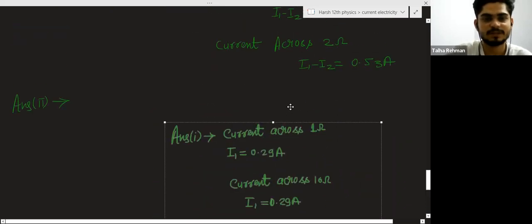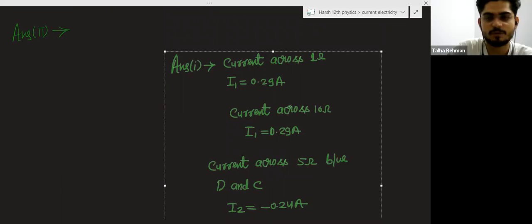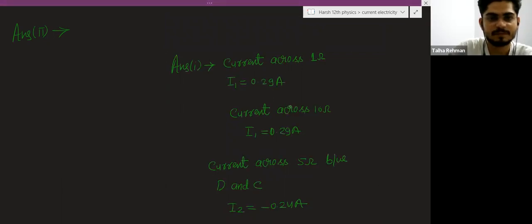So now this is the second part. Second part means we have to find the voltage. Instead of current, I will write only voltage.